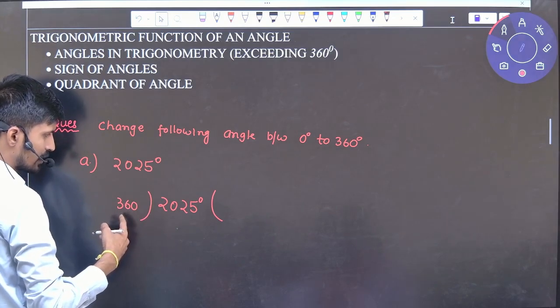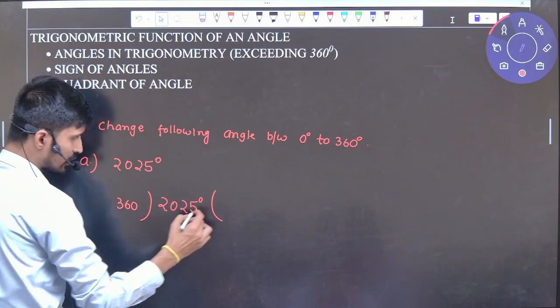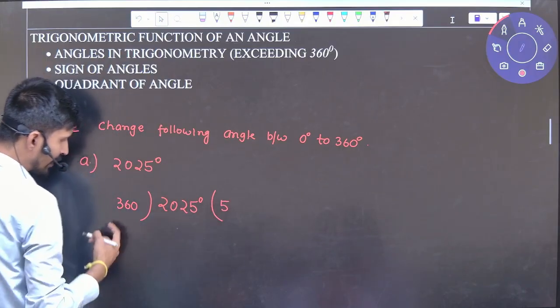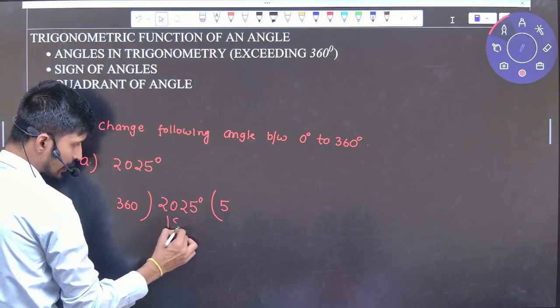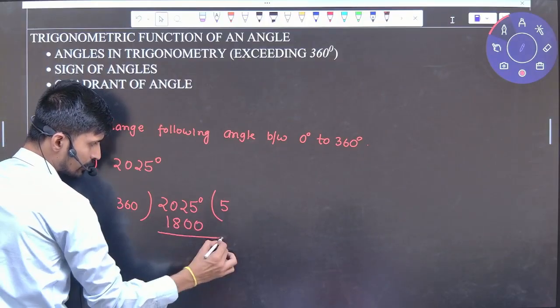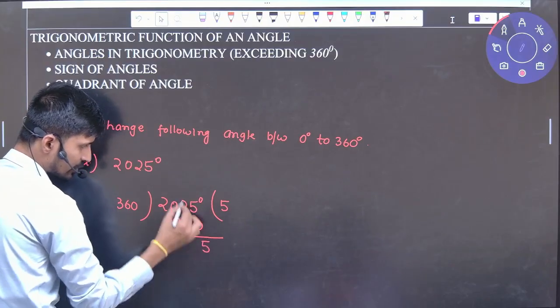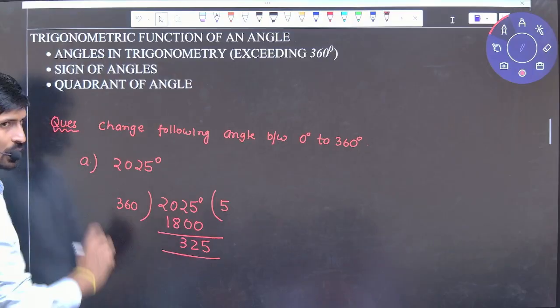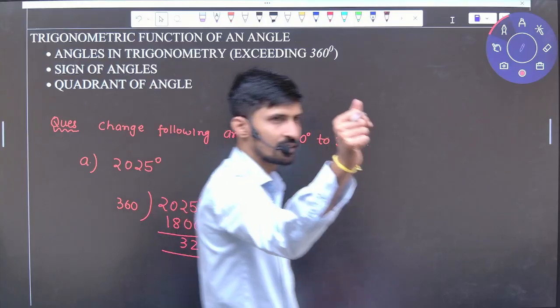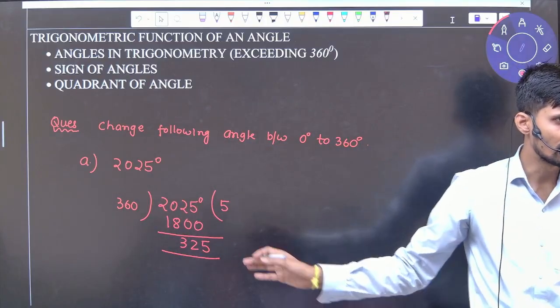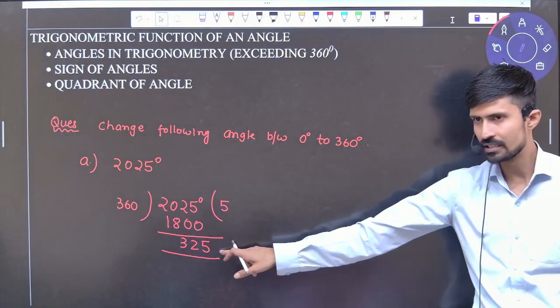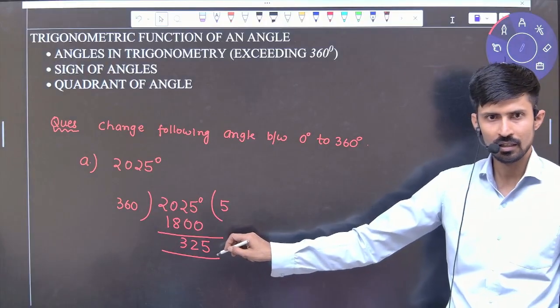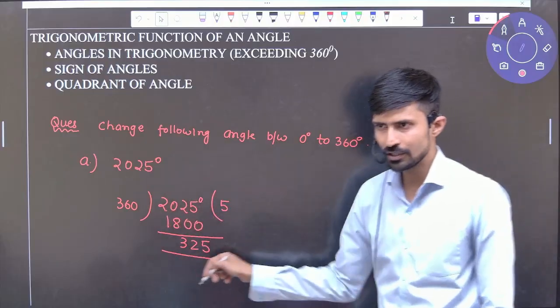No, 5 times it will work. 5 times 360 is 1800. Now subtract: 2025 minus 1800. It means this 2025 degree is representing 225 degree. This is the remainder.